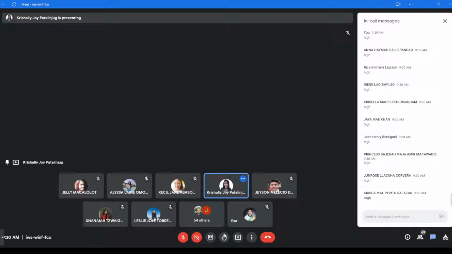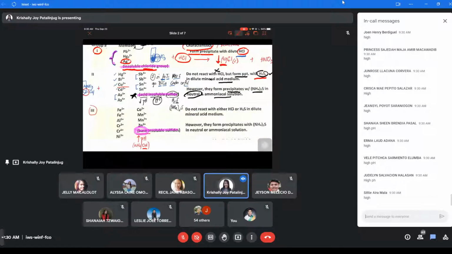In general, a solution is basic when it has OH: sodium hydroxide, ammonium hydroxide, potassium hydroxide, but ammonium hydroxide is the most common basic solution to make the pH higher. The sulfide is still the same, either hydrogen sulfide or ammonium sulfide. They only differ in the environment.